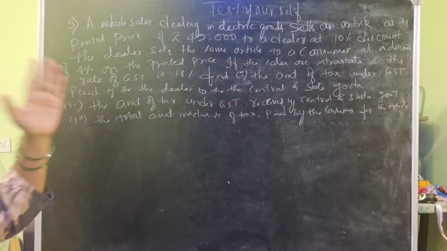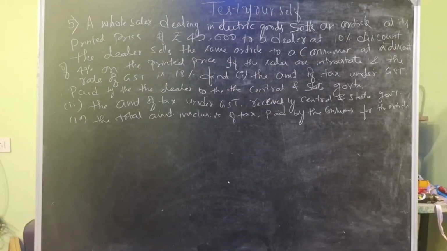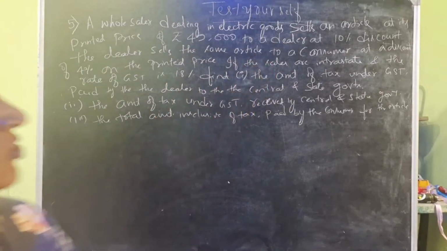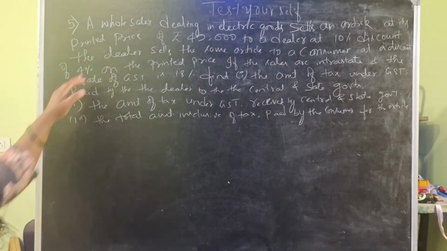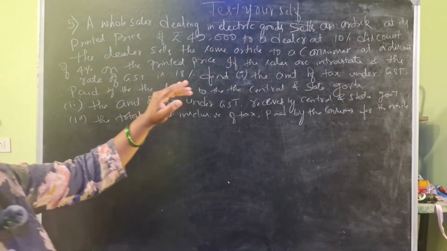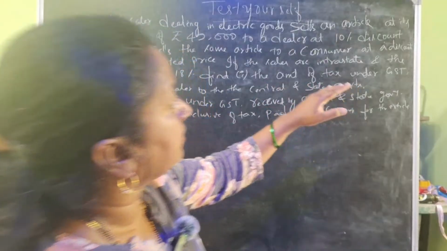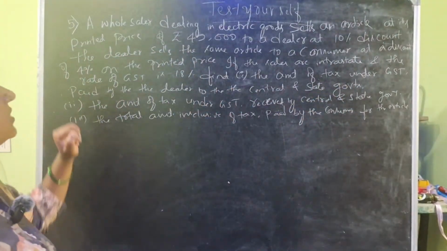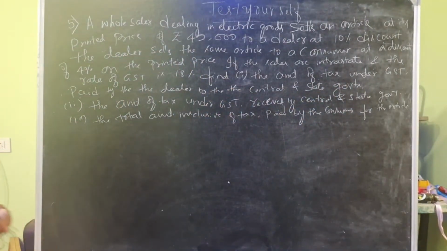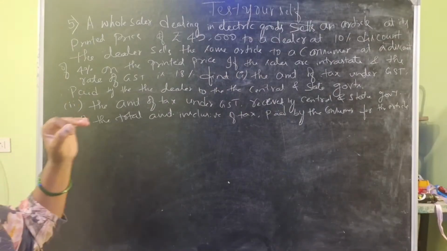So the market price is 45,000 and he gives a discount of 10%. The dealer sells the same article to a consumer at a discount of 4% on the printed price.